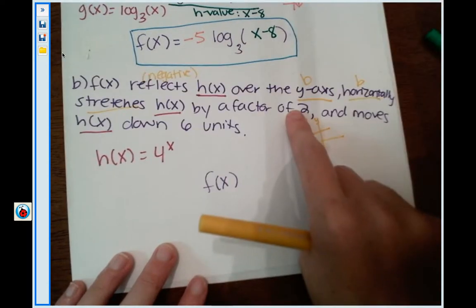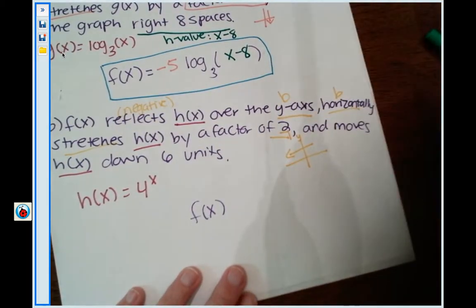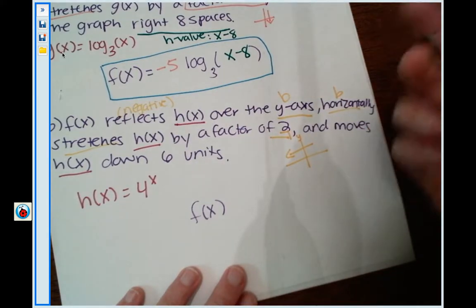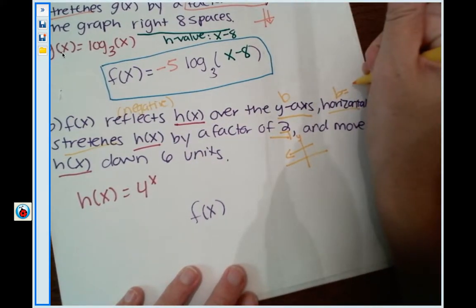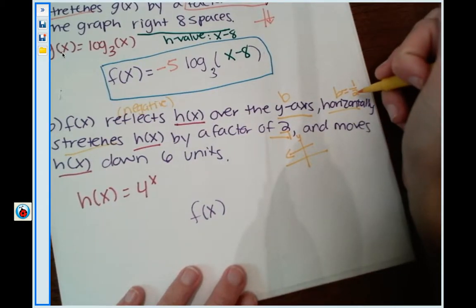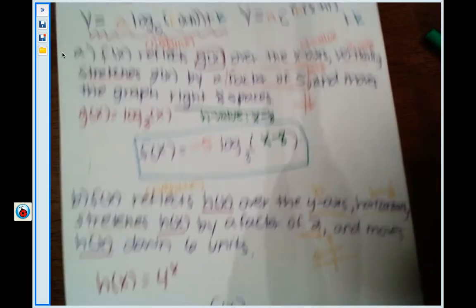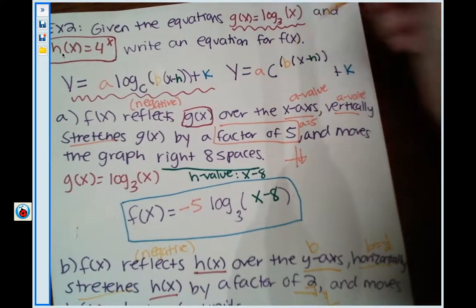Since it's 2 in the problem, this is secretly a 2 over 1. If I flip 2 over 1, my b value is secretly a 1 over 2. So my b value is 1 over 2, and this makes it a negative 1/2. That is going to go in the exponent of my problem.